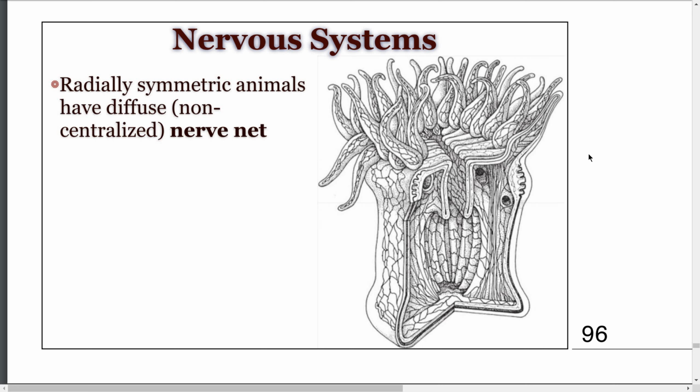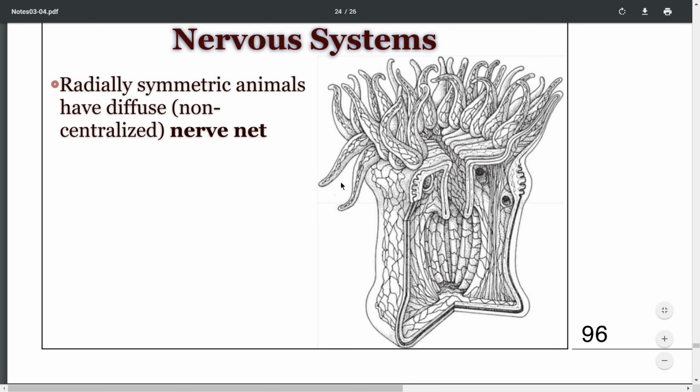In fact, in cnidarians, the electrical impulses, unlike in our nerves, which conduct electricity only in one direction, can often be conducted in both directions. So something grabbing a tentacle on this side would stimulate a bunch of impulses to be sent out.